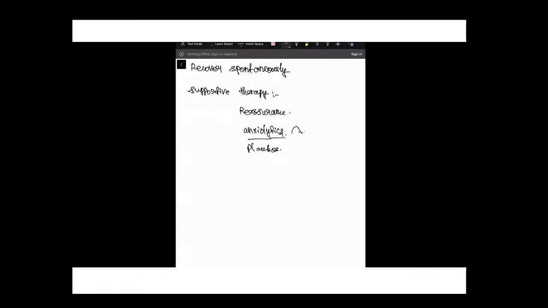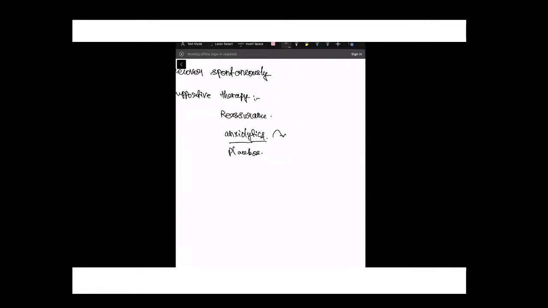Anxiolytics are used because CSR mainly happens in type A personality, or a person who has a lot of stress or tension. And most commonly it happens in males.